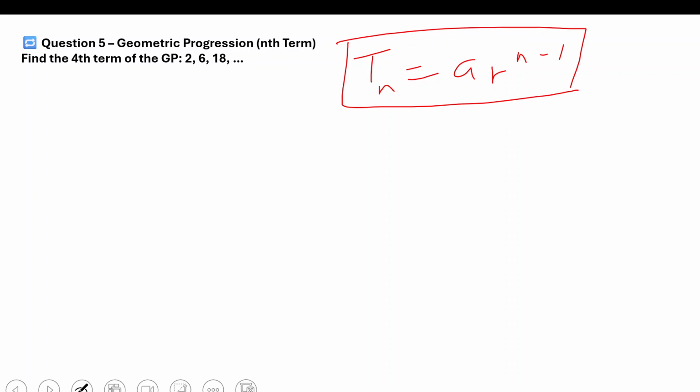The difference between this and the arithmetic progression is that you look at the preceding terms. If you divide the succeeding term by the preceding term, you will get a constant number. How do I mean? Let's inspect what we are given. We are given 2, 6, 18, and so on.